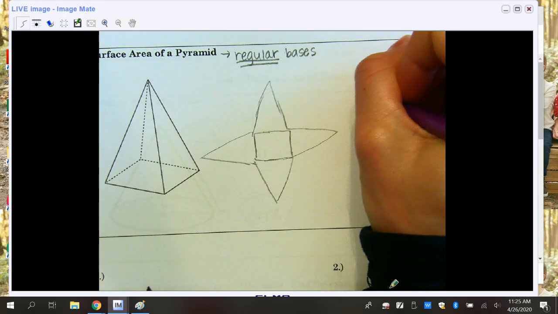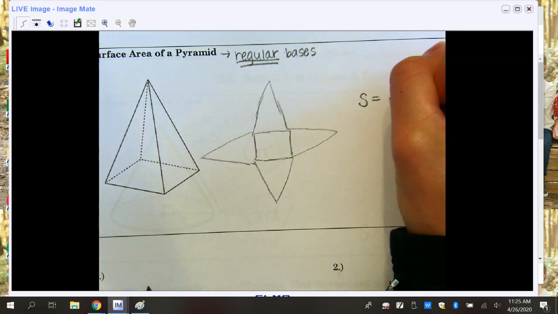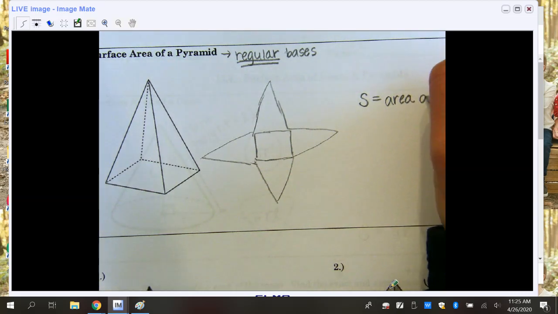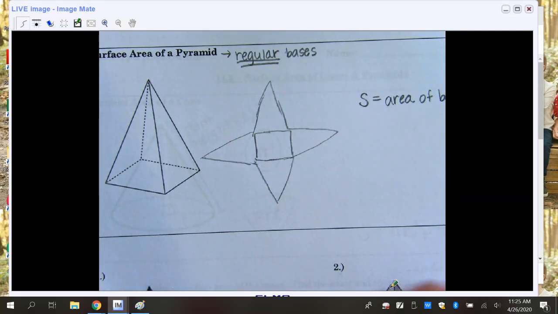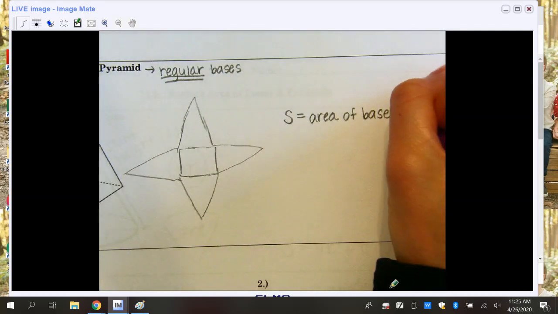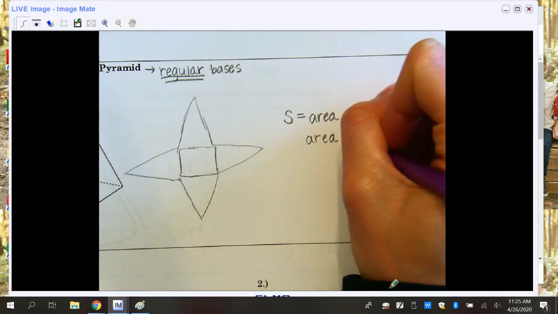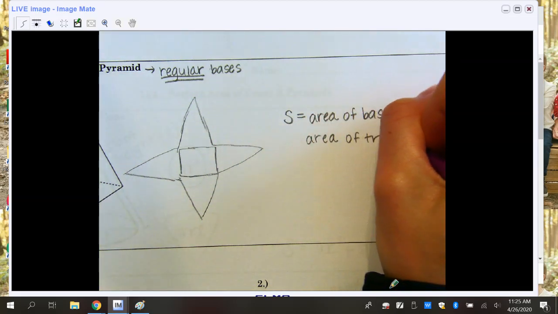So when I am finding the surface area, we are going to take the area of the base, whether it's a square, a triangle, or whatever, and then we are going to add the area of the triangles.